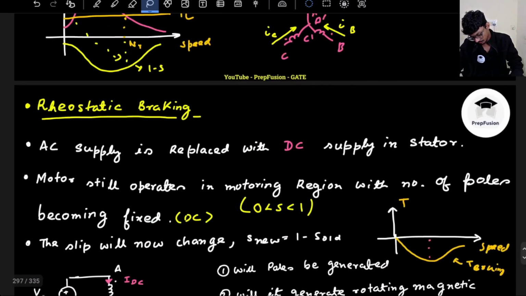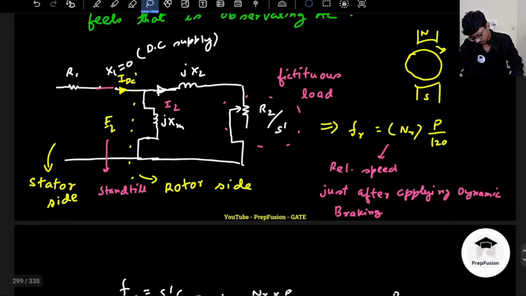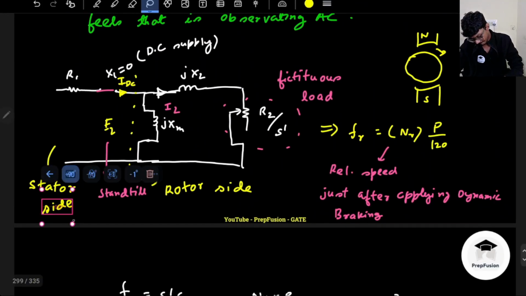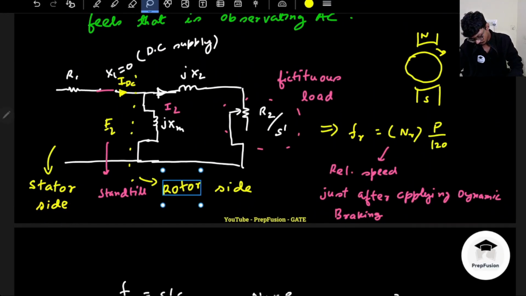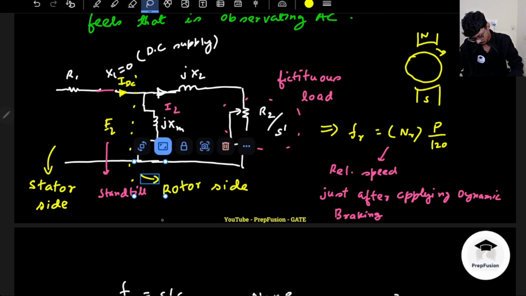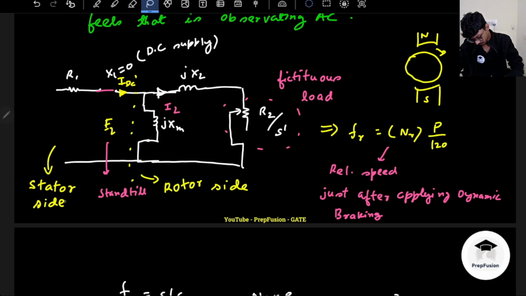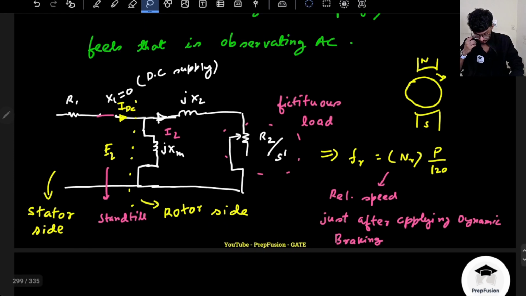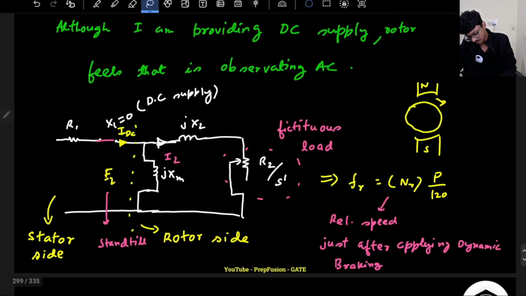So actually the stator side is providing DC only, but in the rotor side I have I2 dash current.